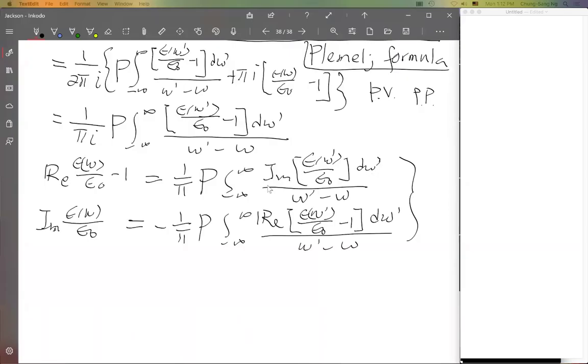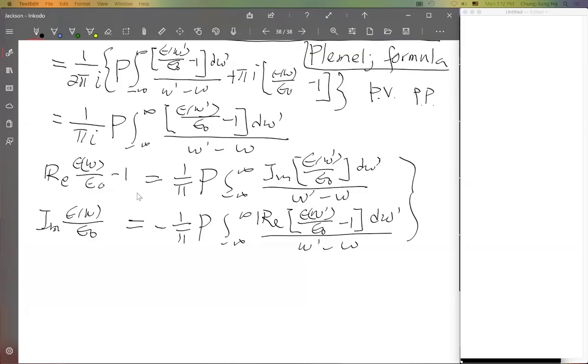So it means that the imaginary part of epsilon is absolutely 0. Then after you do the integration, the right-hand side will be 0. Then related to the left-hand side, it means that this epsilon must equal epsilon 0, which means that the medium is exactly like vacuum. So the only medium that has absolutely no absorption over all frequencies is the vacuum. So this is the consequence of the first relation.